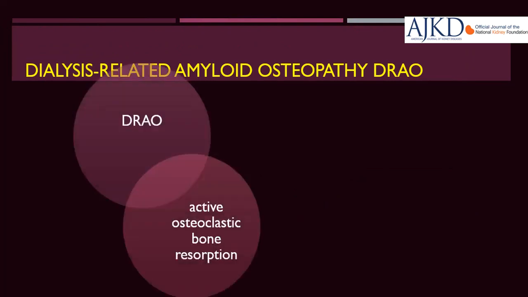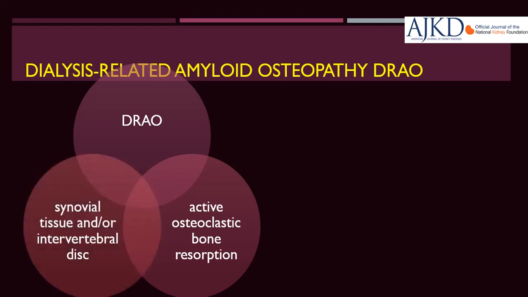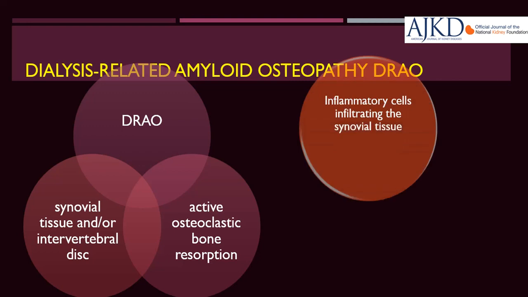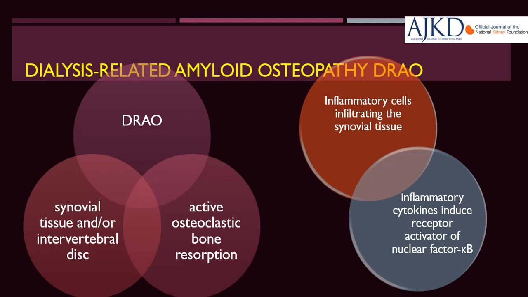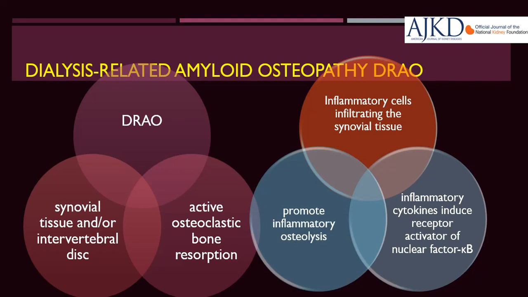So in dialysis-related amyloidosis there is active osteoclastic bone resorption in synovial tissue or intervertebral disc, with inflammatory cells infiltrating the synovial tissue. Inflammatory cytokines induce receptor activator of nuclear factor kappa B and promote inflammatory osteolysis. This is the typical scenario of how the retained molecule beta-2 microglobulin can induce dialysis-related amyloidosis and osteoarthropathy.